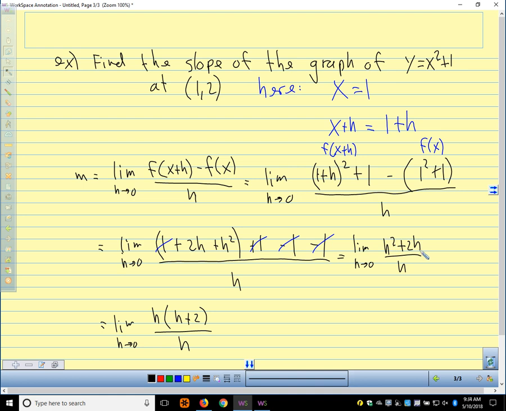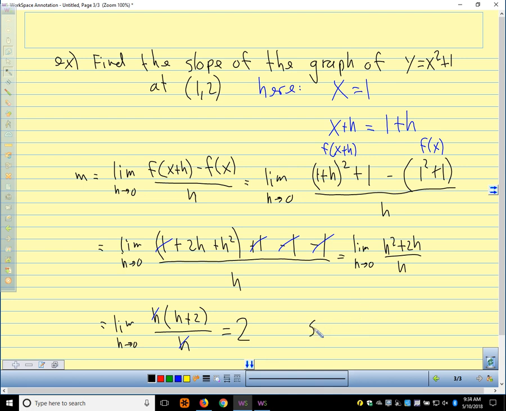So I factored out that common h in the numerator. Well, now we can cancel those. That was kind of what we were going after. And the limit as h approaches 0 of h plus 2 is 2. Because now I can just substitute h equals 0 and not get a problem.